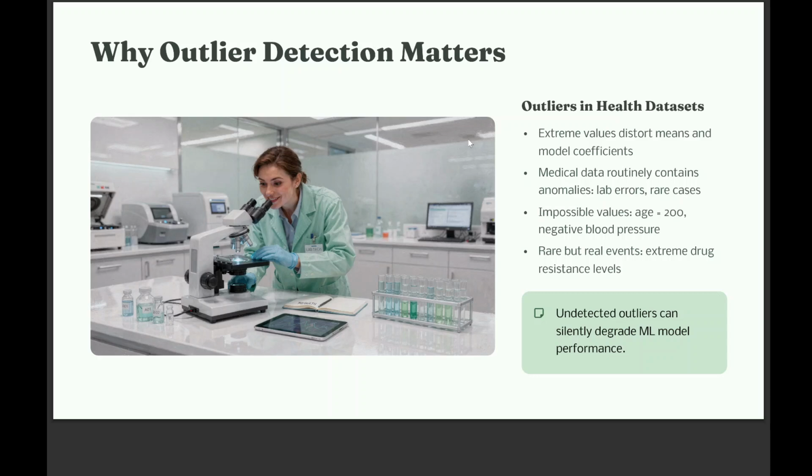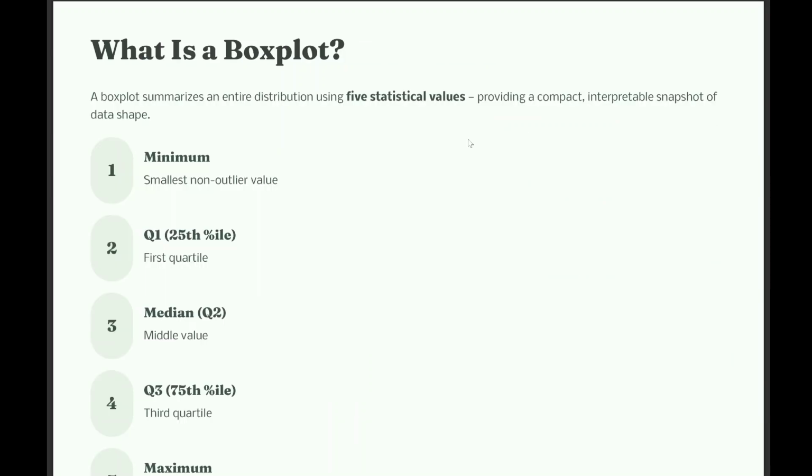Just like I was telling somebody, in a data set it's possible to open it and see an age of 200, which is not real. In that case, it is an outlier. You can see a negative blood pressure, or something rare and different from the other events. All these things are what we call outliers in our data set.